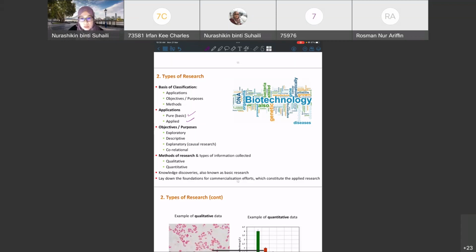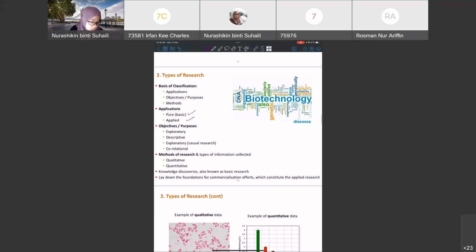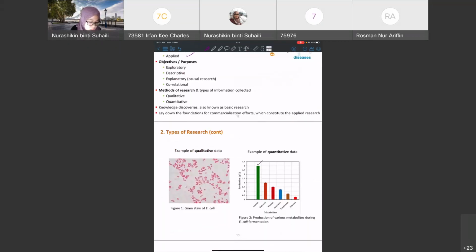For example, if let's say you are observing the morphology of structure under the microscope, you have to describe whether it is in rod shape, it is in sphere shape. Itu qualitative. You are explaining about the color, the stain, the gram stain turns into pink or purple. That's the quality.